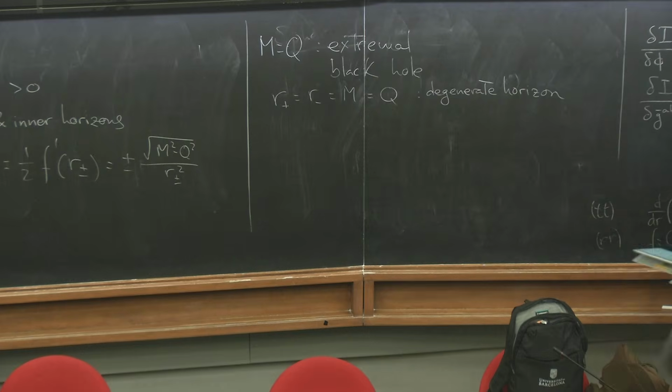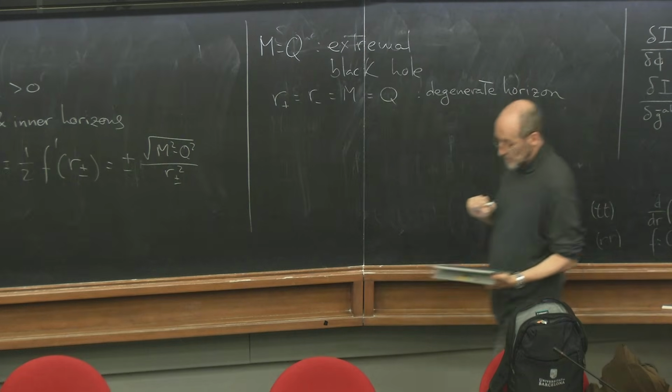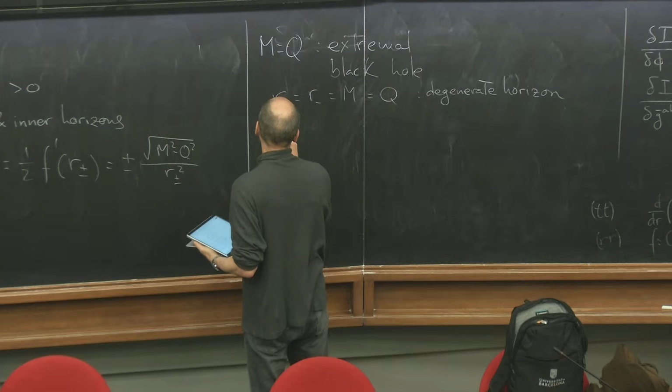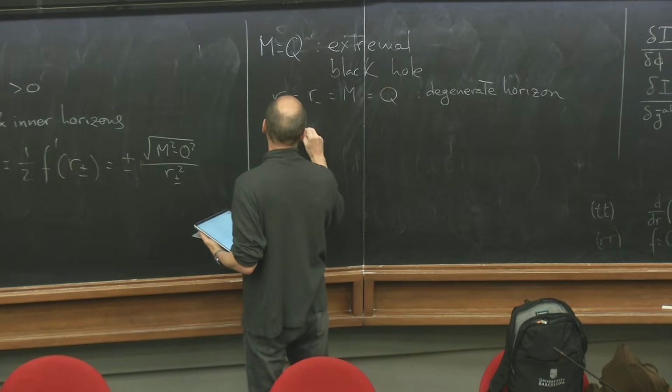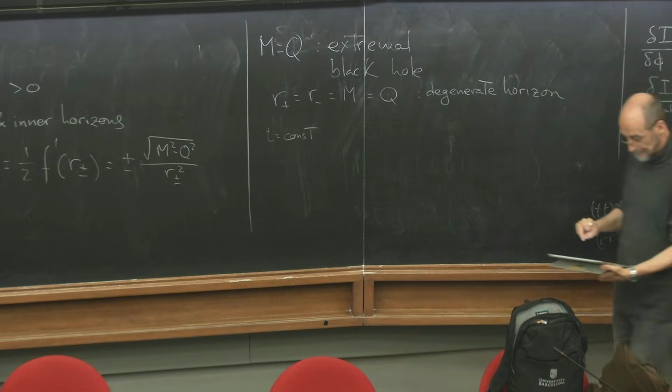There's one property of this horizon, and it is that it's at an infinite space-like distance. What do I mean by this? Say that you consider a constant time section in the geometry.